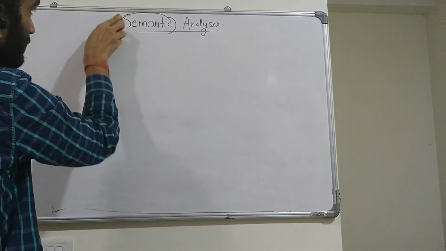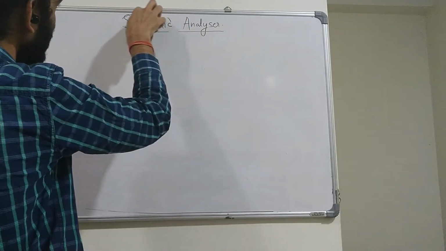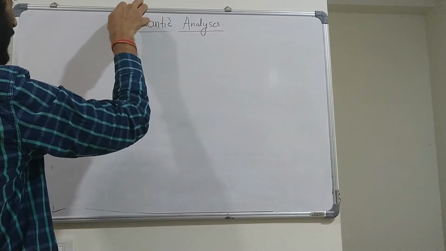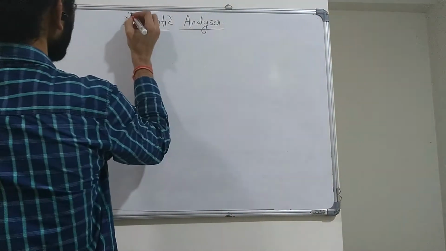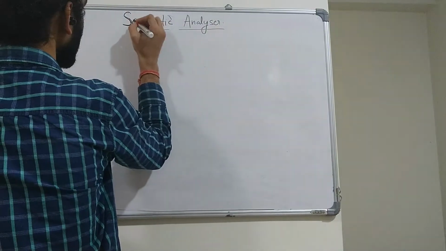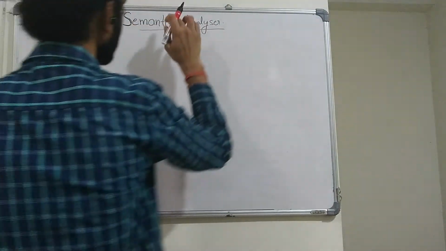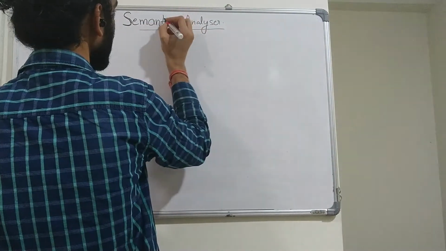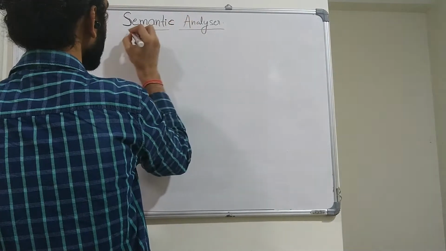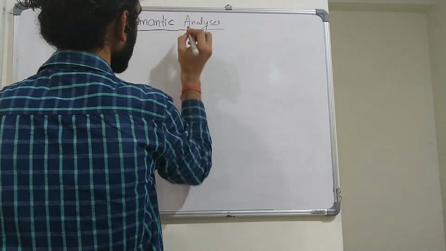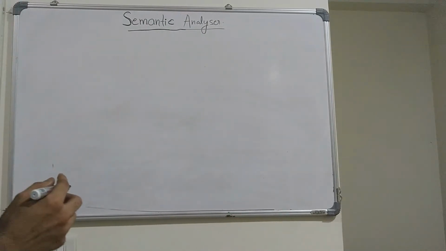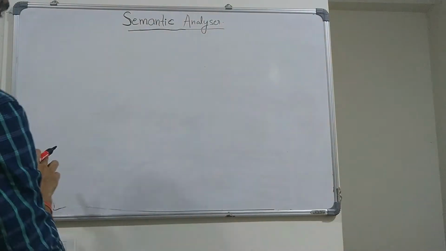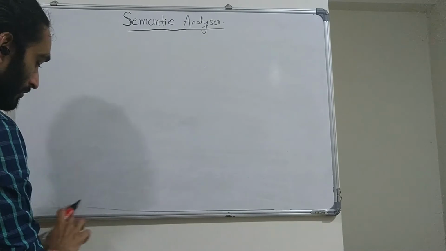Similarly, if we do not declare a variable before its use, it needs to generate an error saying it's an undeclared variable. Or if you try to add two different kinds of data types, it's going to generate an error.